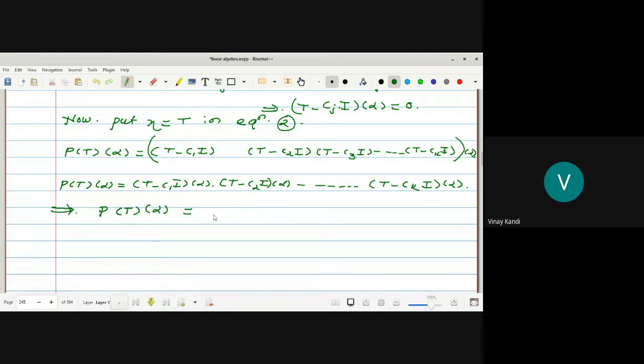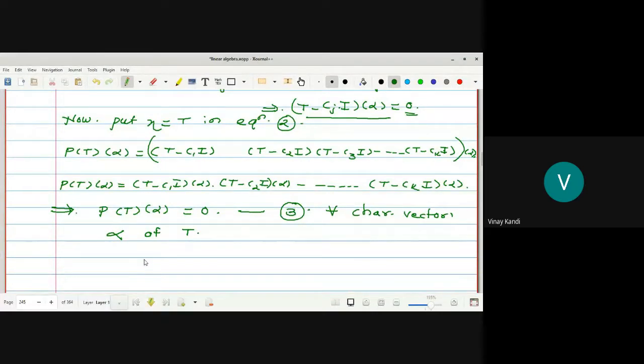This is equation number 3. How is it 0? Because T minus Cj I of alpha is equal to 0. See the reason: p of T of alpha is equal to 0 for all characteristic vectors alpha of T.